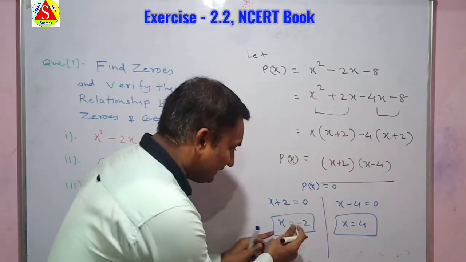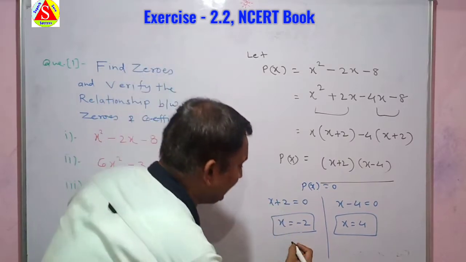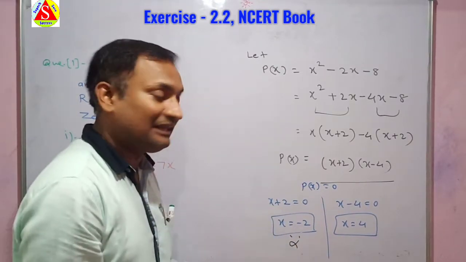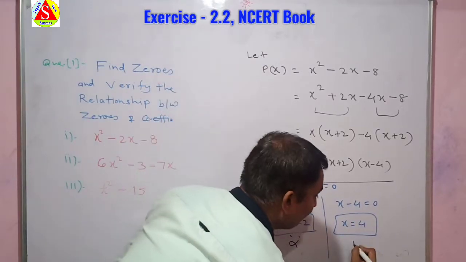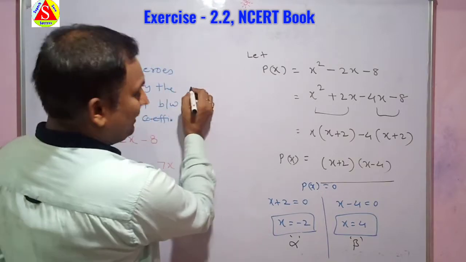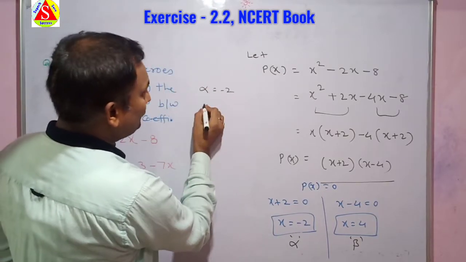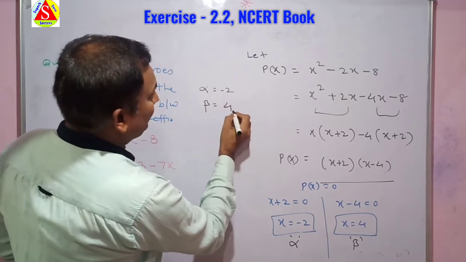Let the first zero, x equal to minus 2, be alpha, and similarly let the second zero, x equal to 4, be beta. It means we have alpha equal to minus 2 and beta equal to 4.